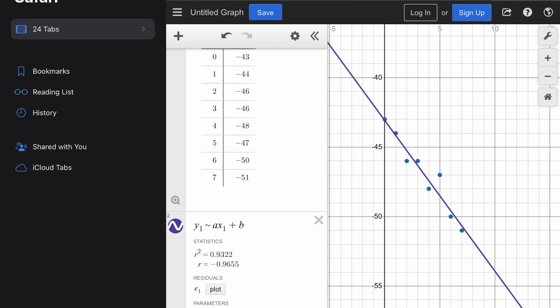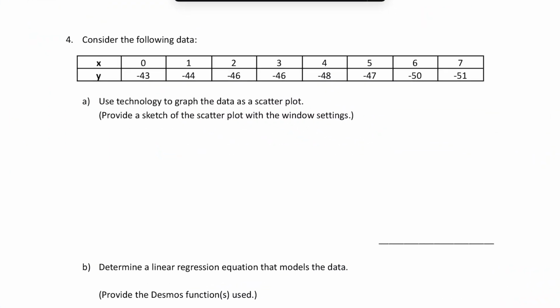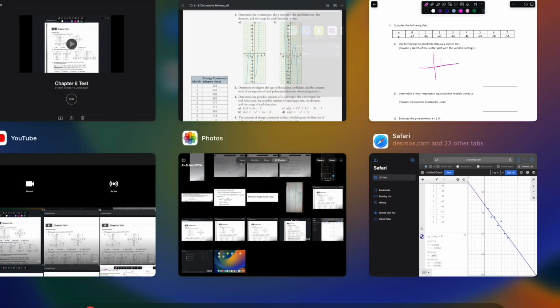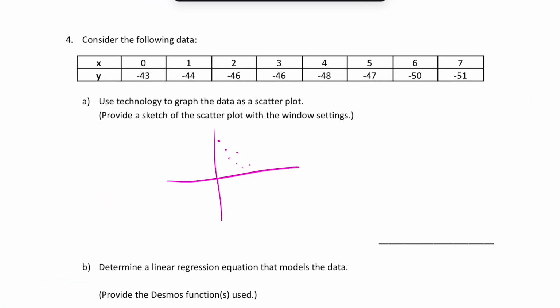Okay, now the first question says, provide a sketch, like, I don't know what it wants, something like that. Oh wow, okay, it says negative half a mark if it's missing the domain and range, so I guess we'll start having to put that in.